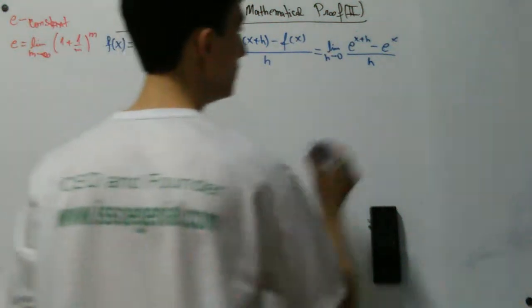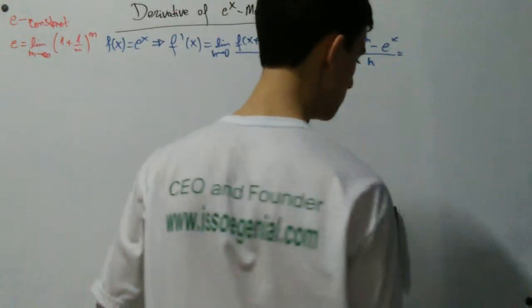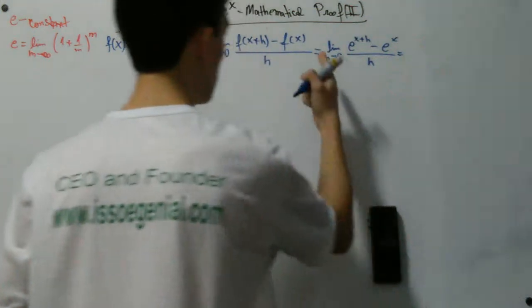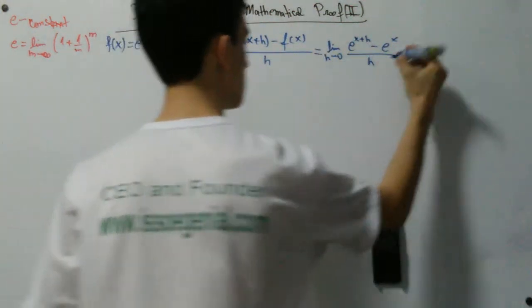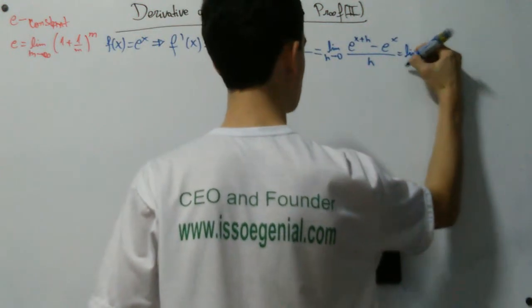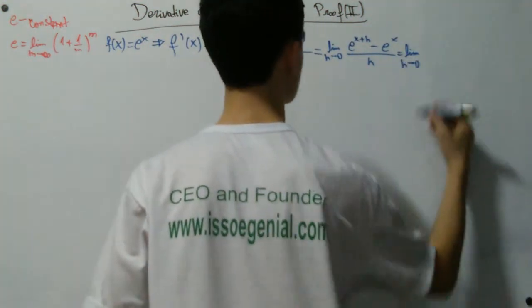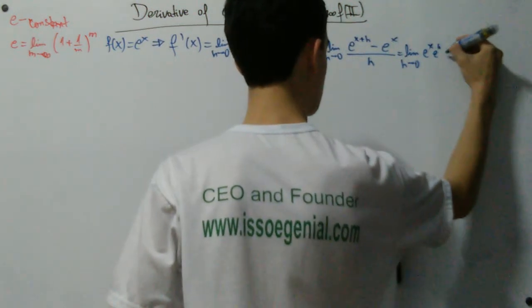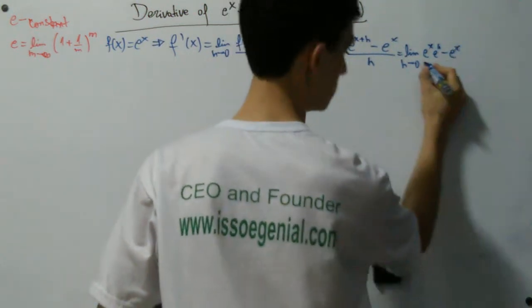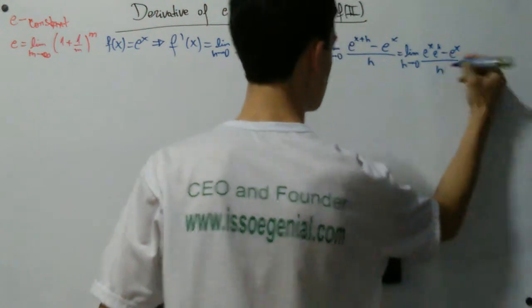So we can continue here and we can use a property of exponents. We can say this is the limit when h approaches 0 of e to the x times e to the h minus e to the x, and all of this over h.